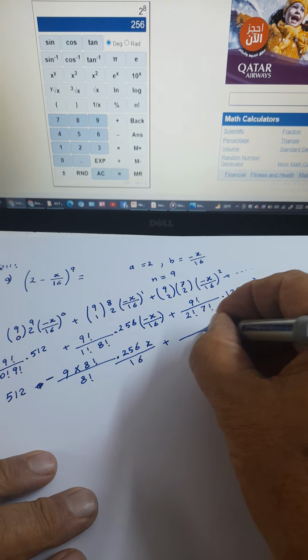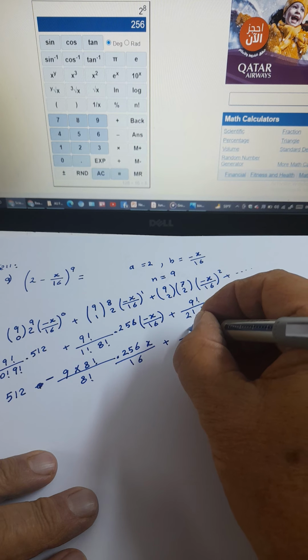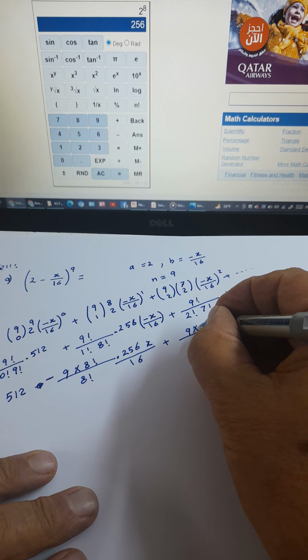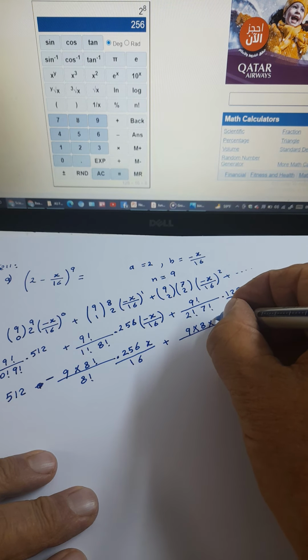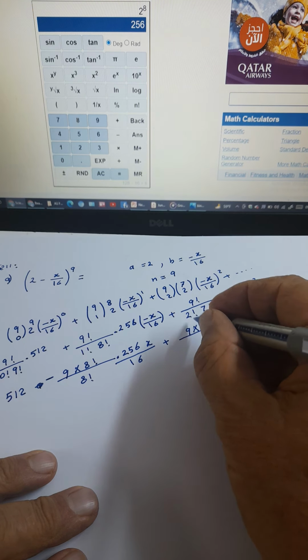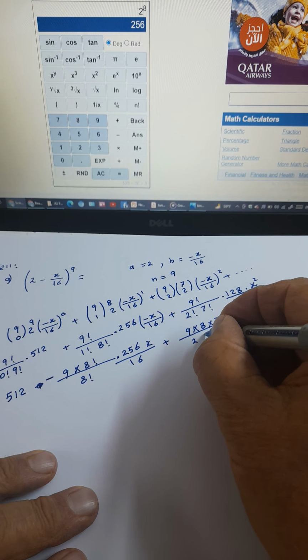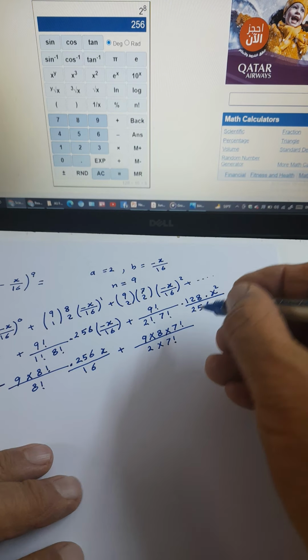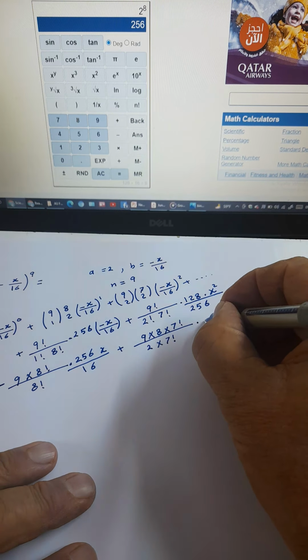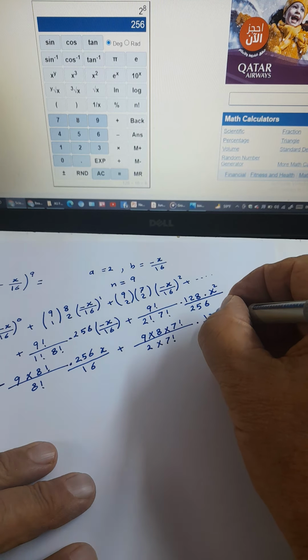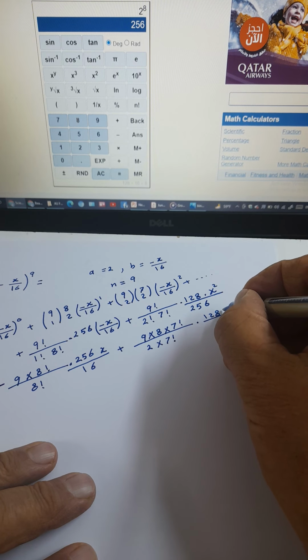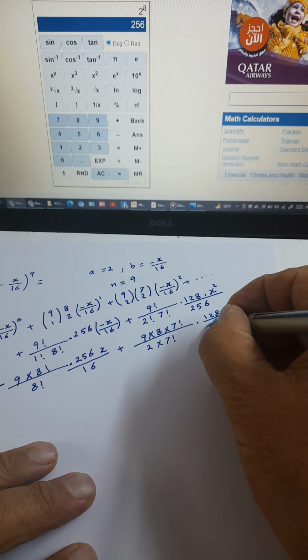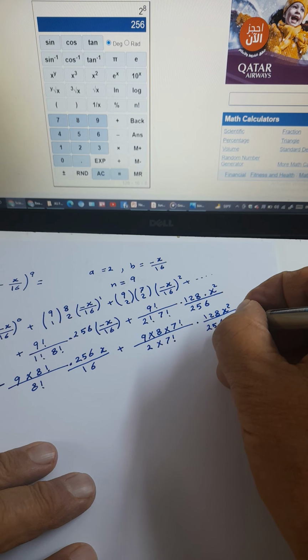Plus 9 factorial is 9 times 8 times 7 factorial. 2 factorial is 2 times 7 factorial times 128 x squared over 256.